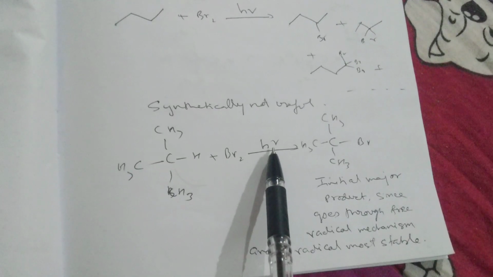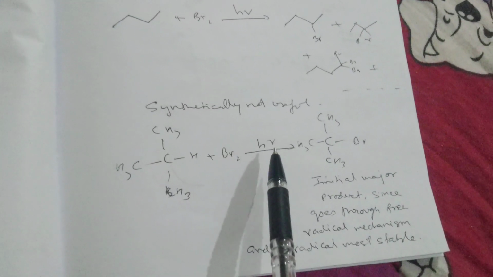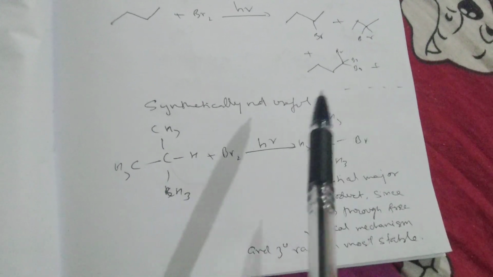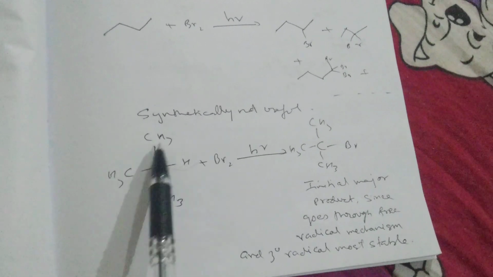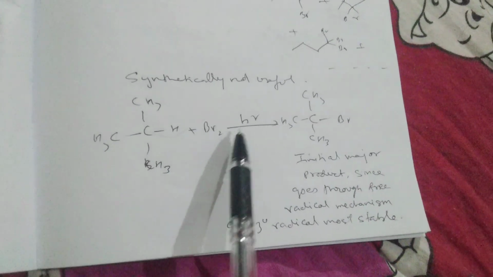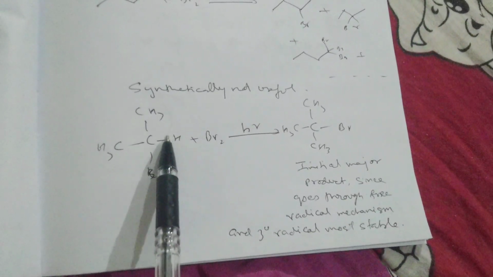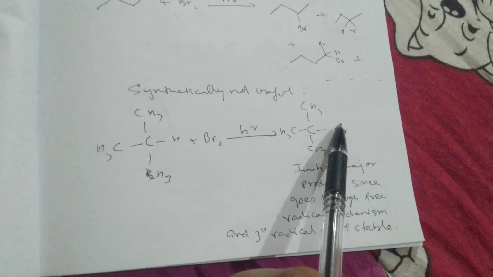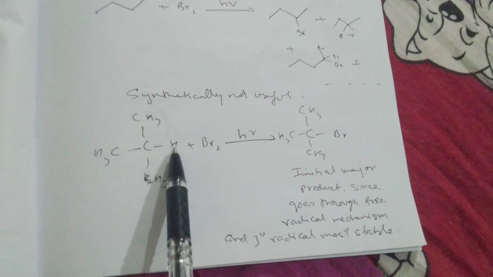Generally you can put UV light in the lab also, but generally just put it in sun. You don't leave the reaction in sun forever. If you leave it forever, all the hydrogens will be replaced by bromine. But if you put it in for 10 minutes and keep checking, you'll see that the first hydrogen to go will be this tertiary hydrogen and you get bromine. Why? Because this reaction goes through a free radical mechanism.